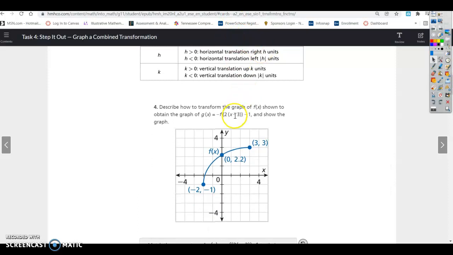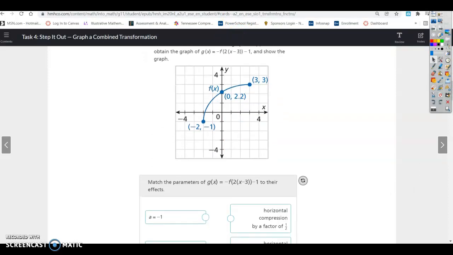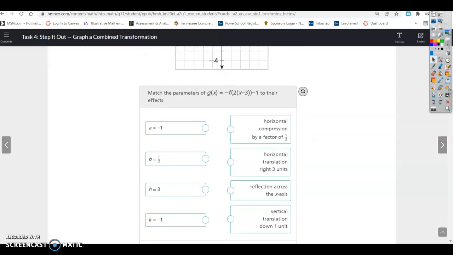So this is 3, and then this one's negative 1. Okay, so match the parameters of g of x to their effects.